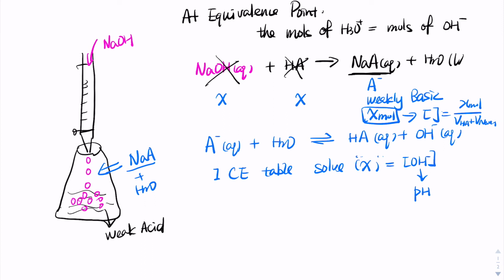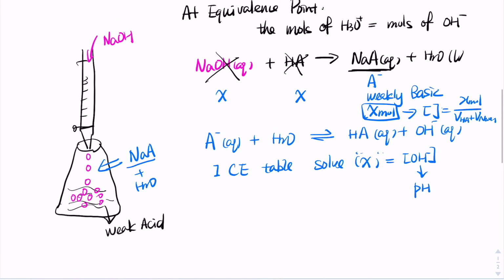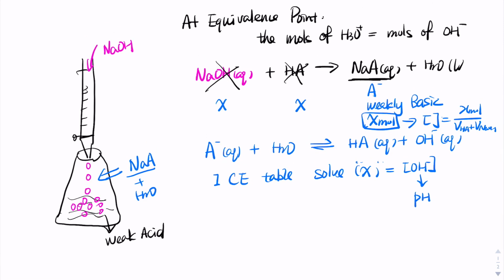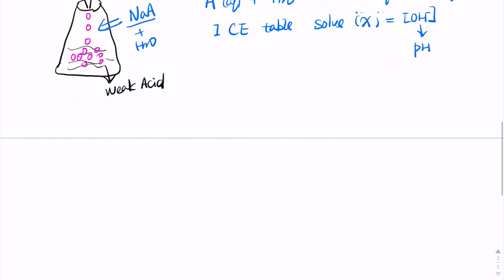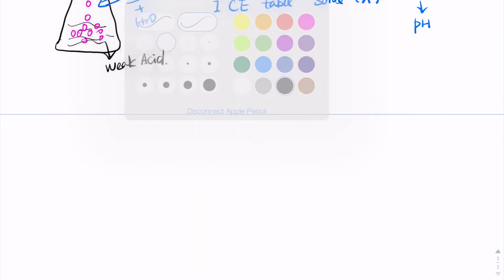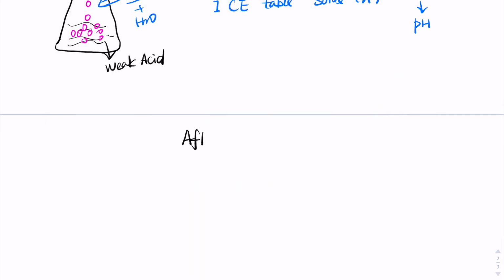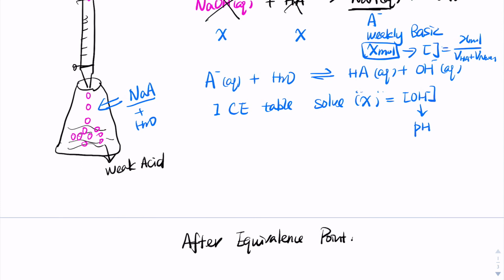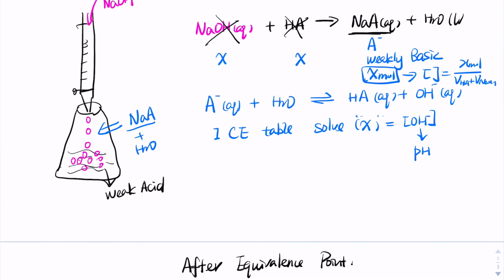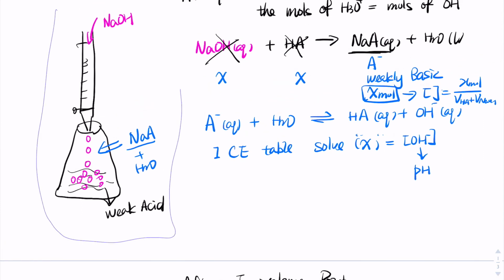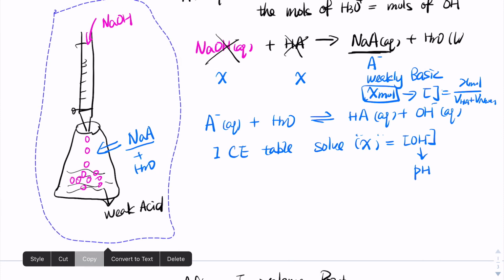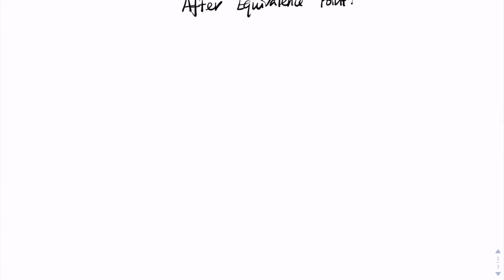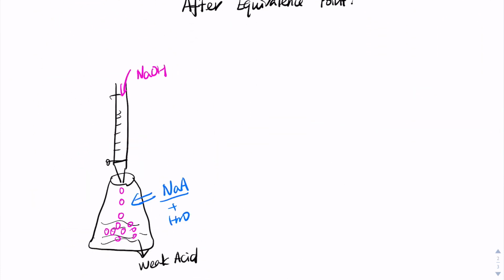And then after equivalence point, things are the same situation as a strong acid. So after equivalence point, all the acid is gone, right? So I'm going to do this one more time. Thinking about it in your Erlenmeyer flask, now what do you have?